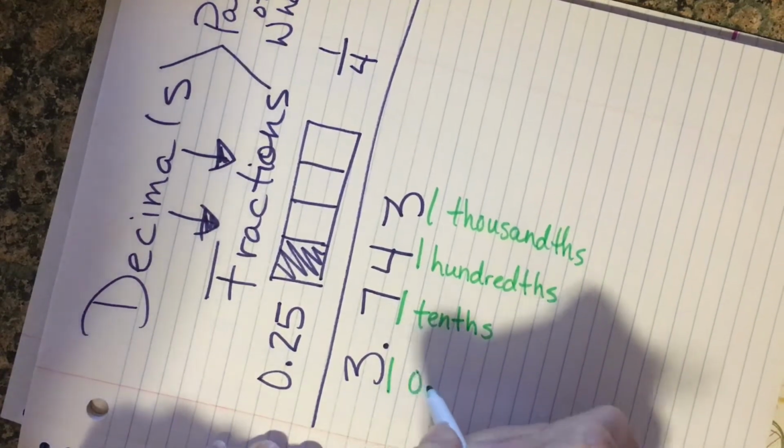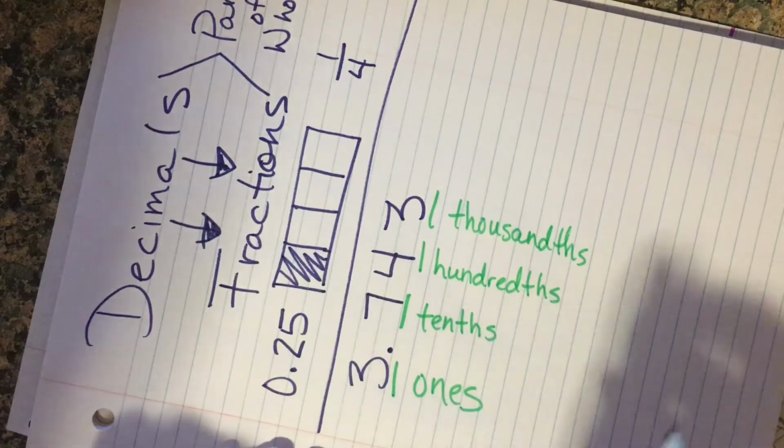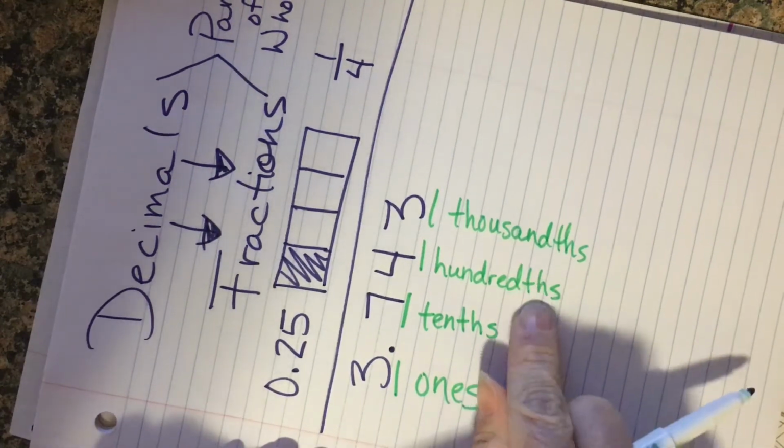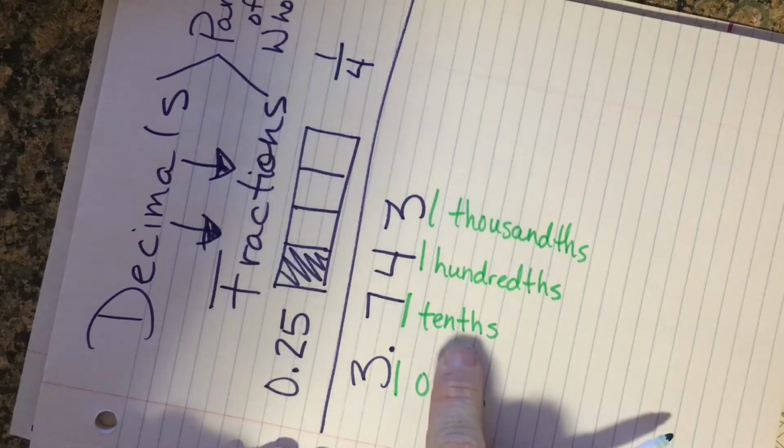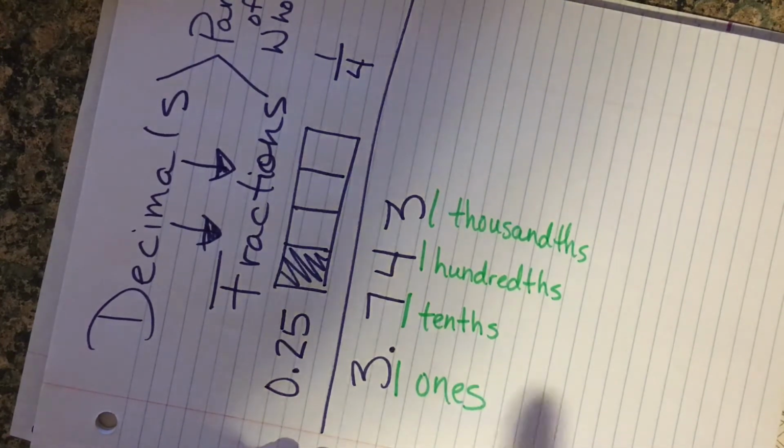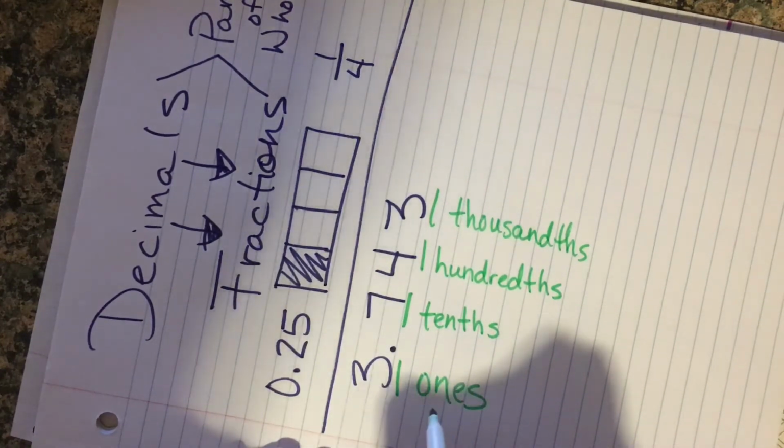And this, of course, is the ones place. Notice we go ones, tenths, hundredths, thousandths. I have a lot of students that try to say that this is the once place. There is no once place, and it's hard to say. So ones, tenths, hundredths, thousandths.